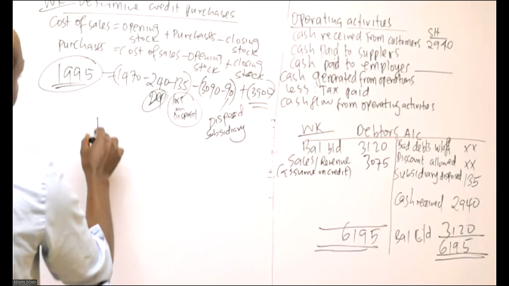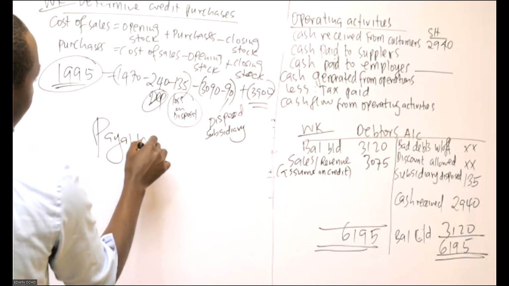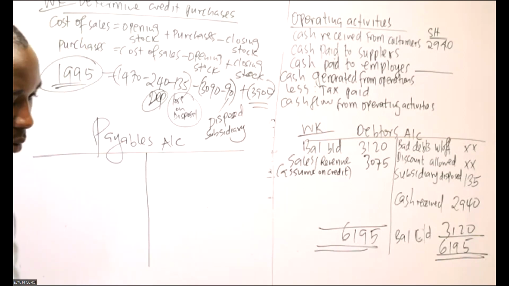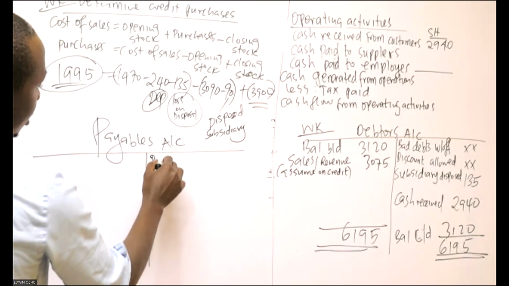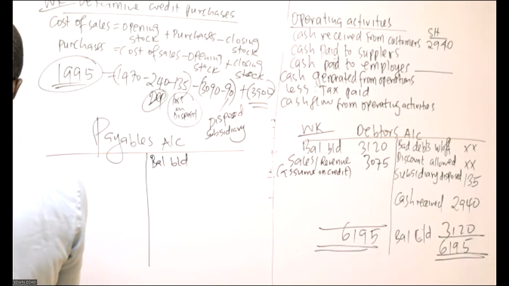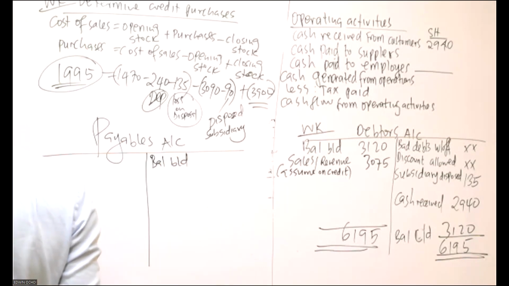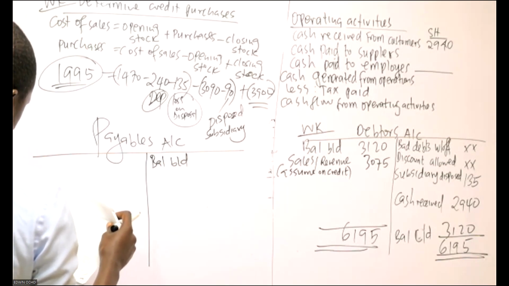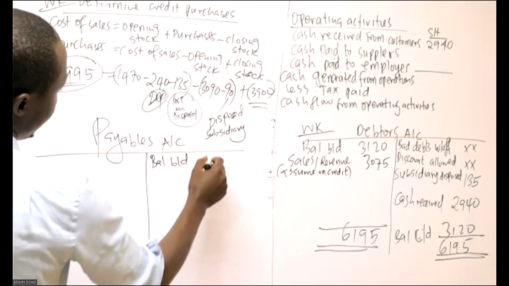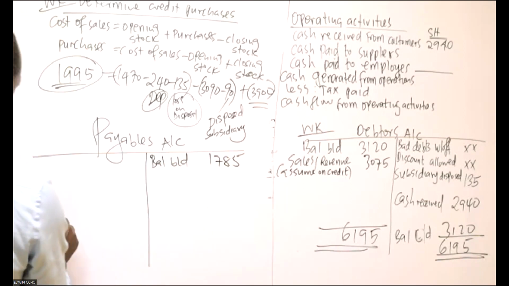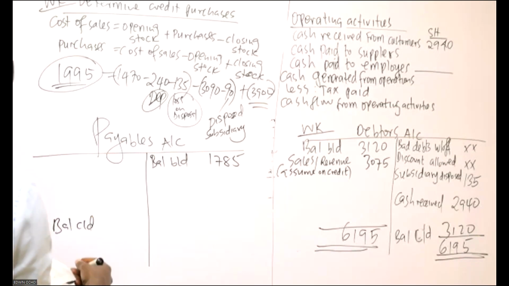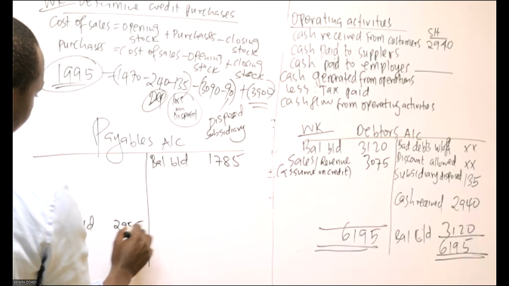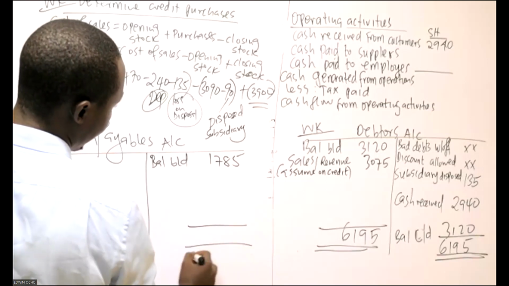So that now we do the payables account. The balance brought down here is the payables, the creditors. The balance brought down is 1785. Balance carried down being 2955. Was 2016, 2017.